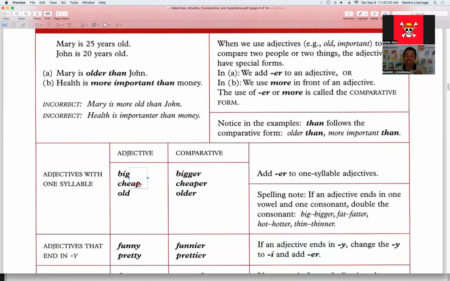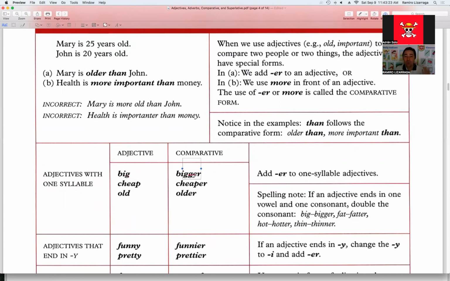So there's another rule. If the adjective has at the end one vowel and one consonant, we need to double the consonant. Take a look at this. Right here, we double the G. Why? Because the adjective ends in one vowel and one consonant.